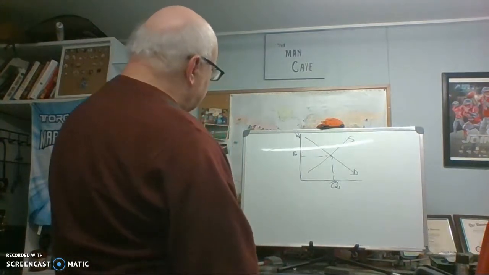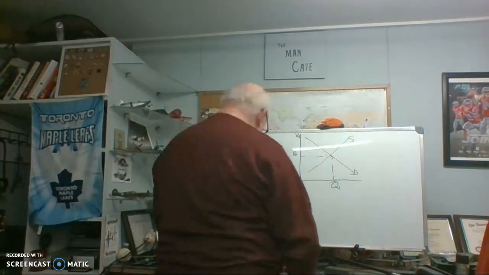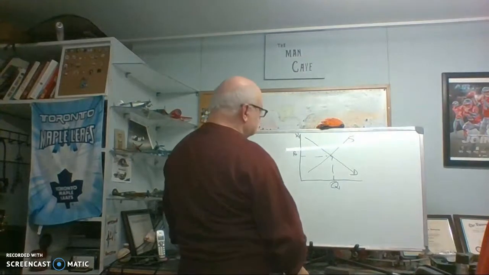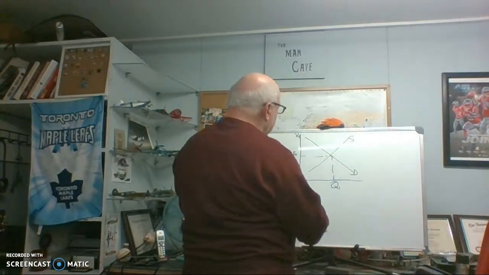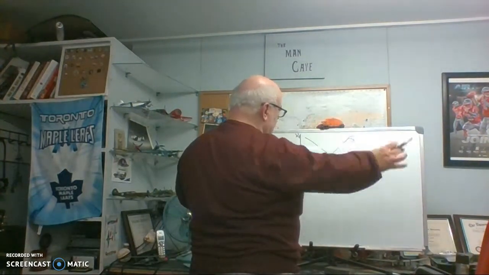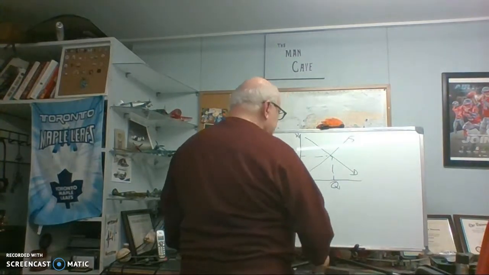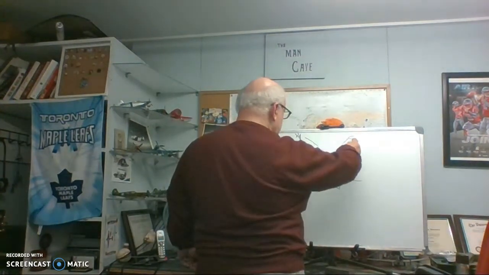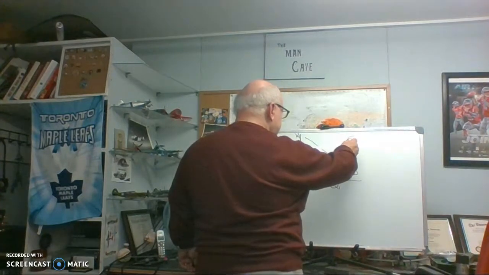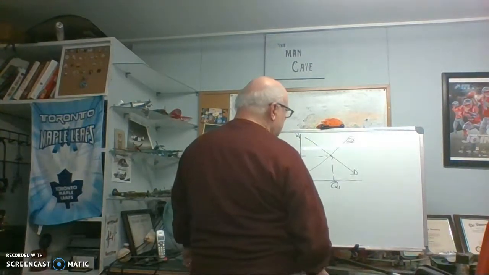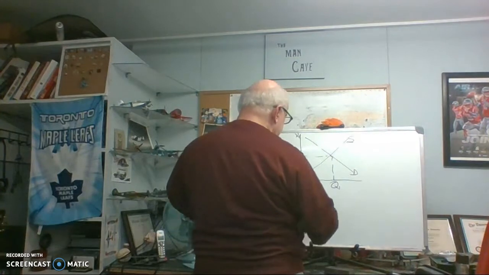So what will happen then if the U.S. purchases foreign products? What they will do is they will try to get rid of their dollars in exchange for foreign currency.